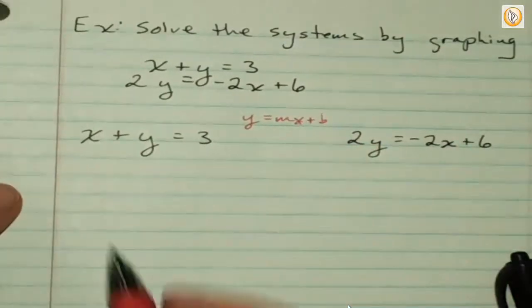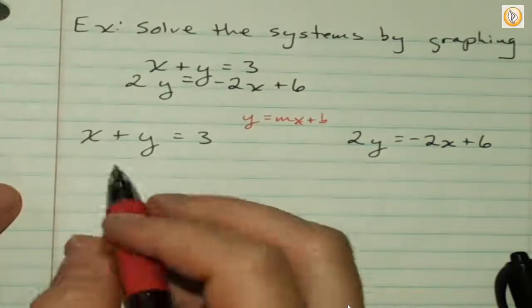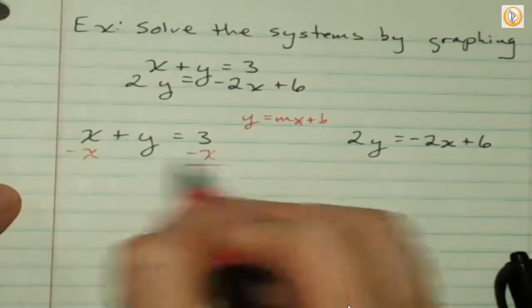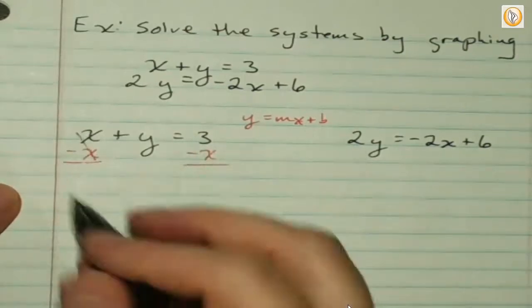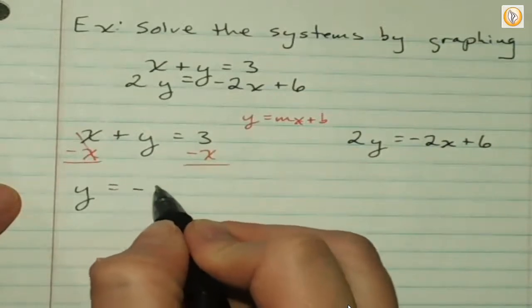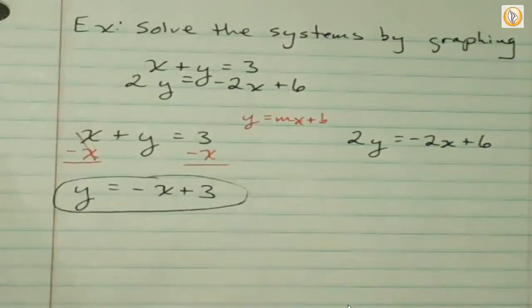So Valeria, how do I put this into y equals mx plus b? Negative x. Perfect. On both sides. Y equals negative x plus 3. That is our line 1.